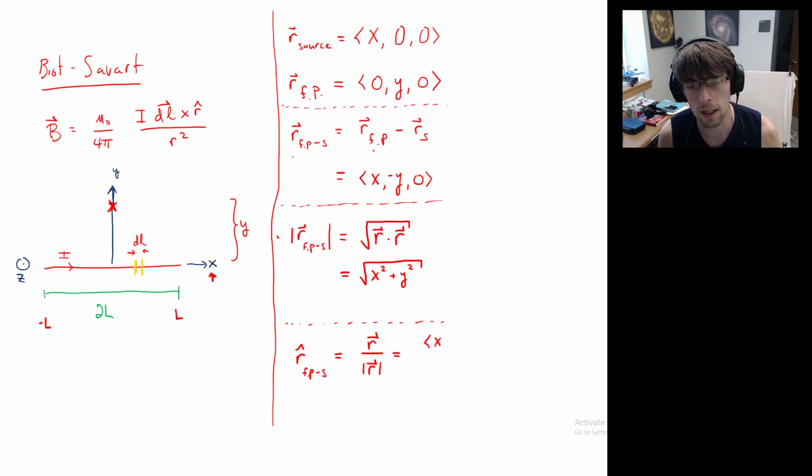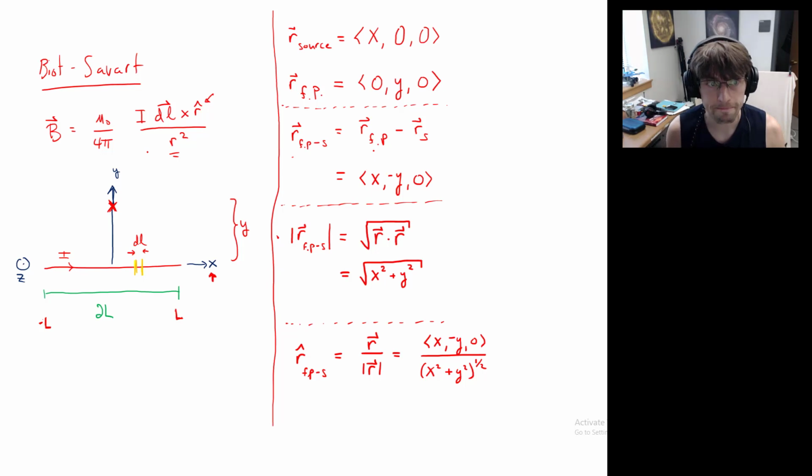We have x comma negative y comma 0, all divided by x squared plus y squared to the 1/2. So we've got our setup. We've now set up both the magnitude and the r hat vector. Okay. So that's good to go.